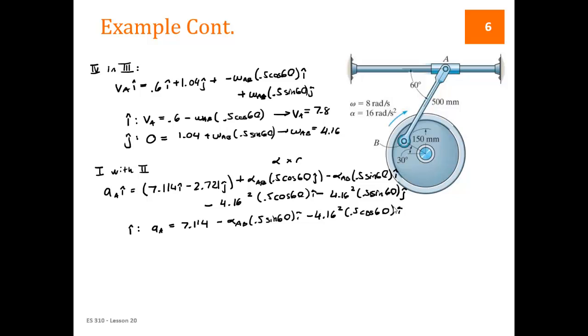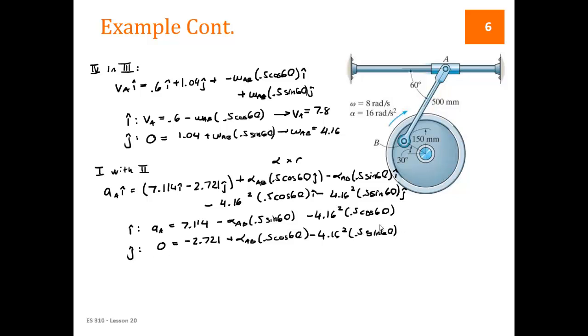Alright, then we can leave off the I hats because we're breaking them out as I hats. In the J hat direction, we have 0 is equal to negative 2.721 plus alpha AB 0.5 cosine 60, and then this one minus 4.16 squared 0.5 sine 60.